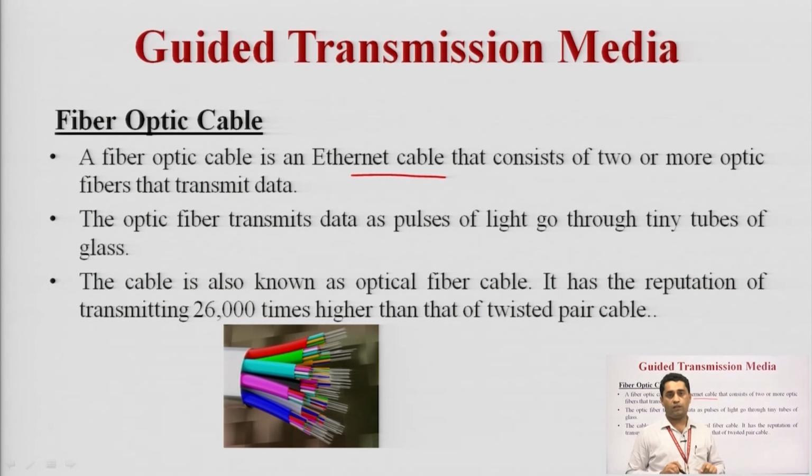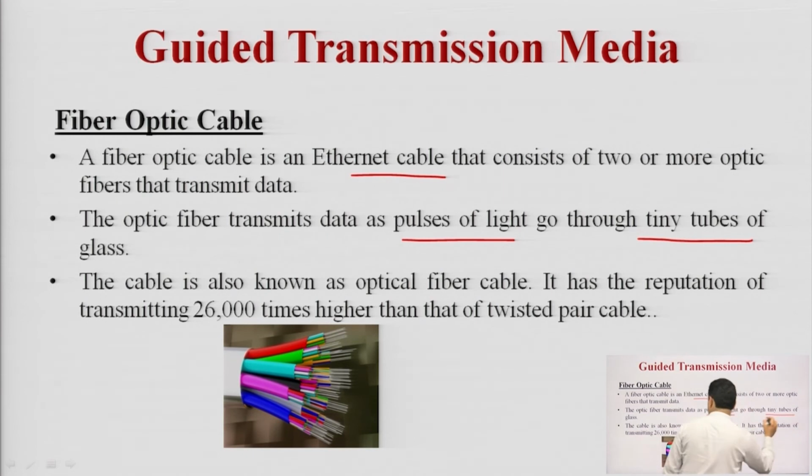Here there is better speed and better transfer of data in comparison to the coaxial cable and the twisted pair. It is clearly mentioned here that we have pulses of light through tiny tubes of glass. You can see here that these are the glass tubes.